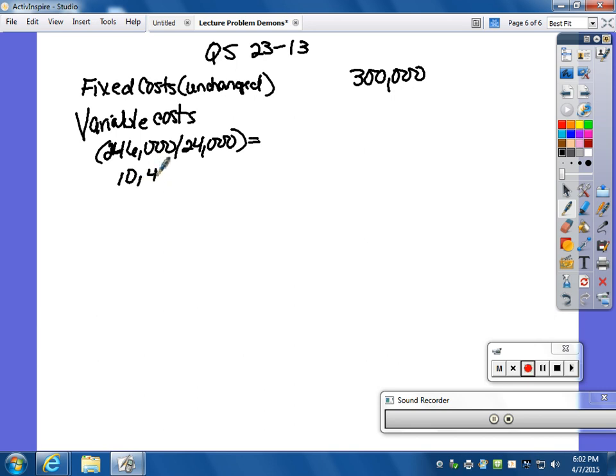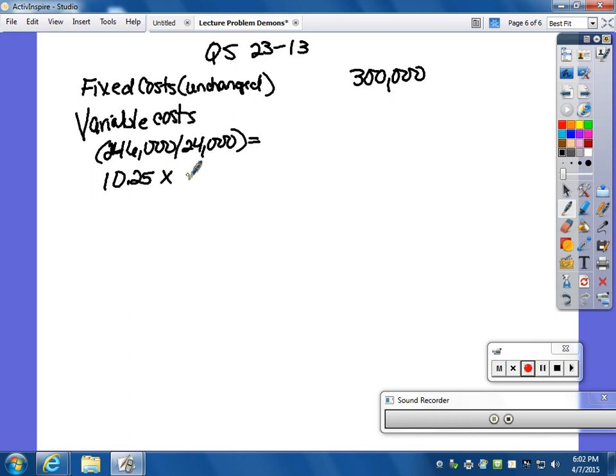Is that 246,000 divided by 24,000? That's 10.25. So $10.25 per unit. That's the variable cost per unit.